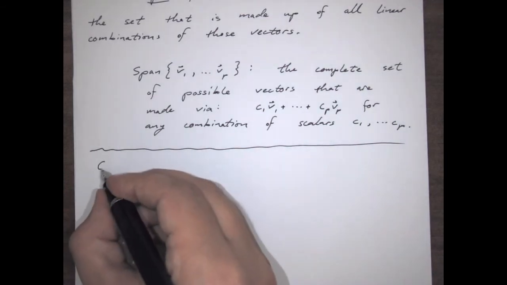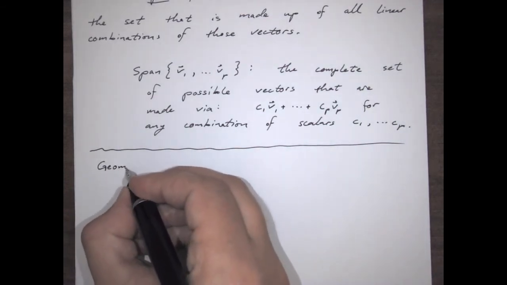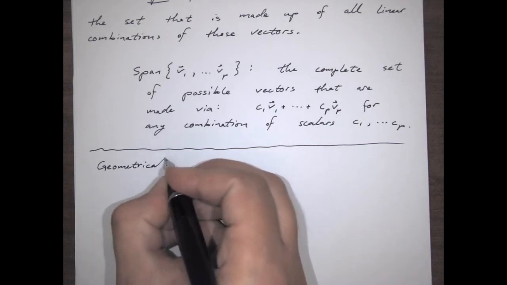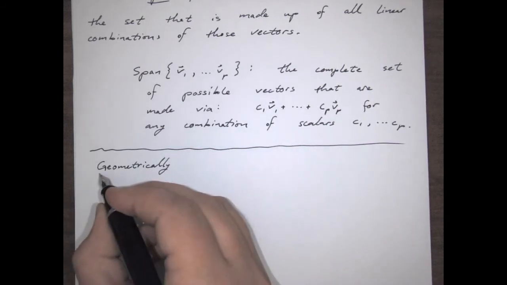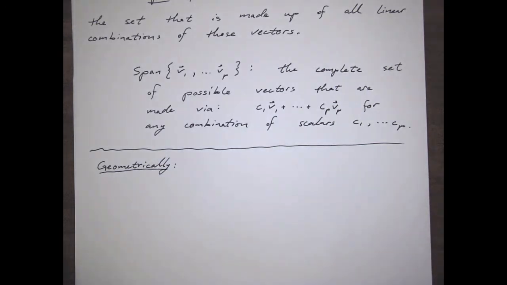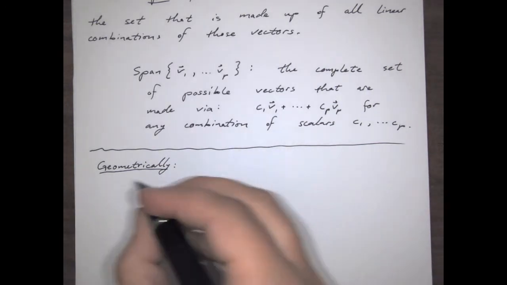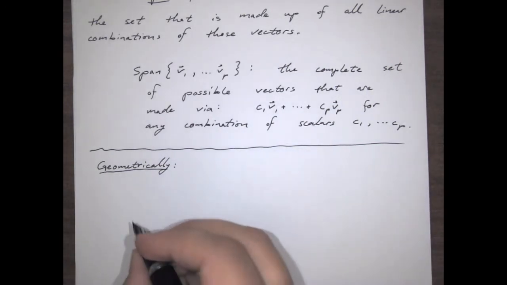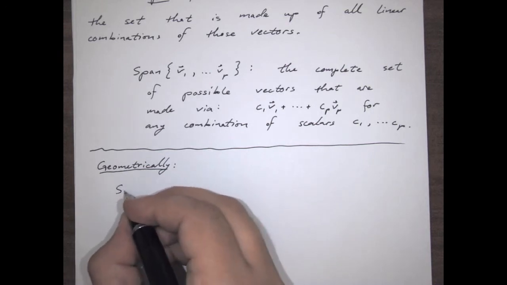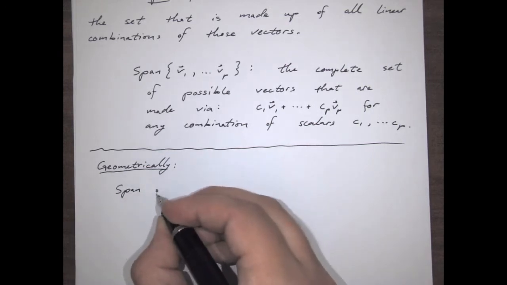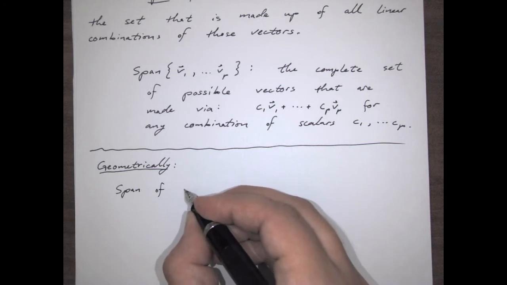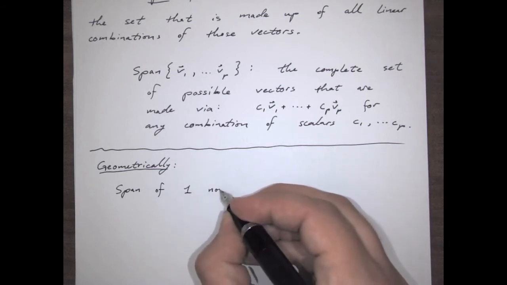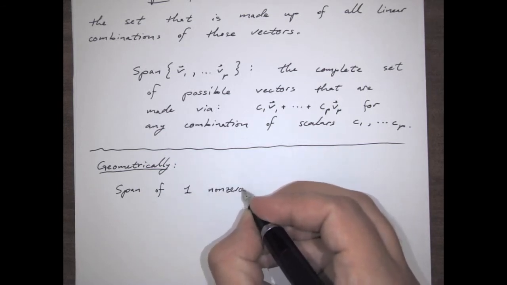So geometrically, let's talk about spans of collections. Let's say we have a span of 1 non-zero vector.